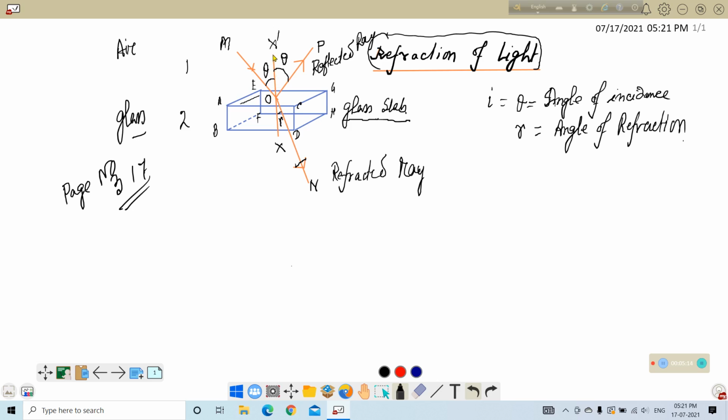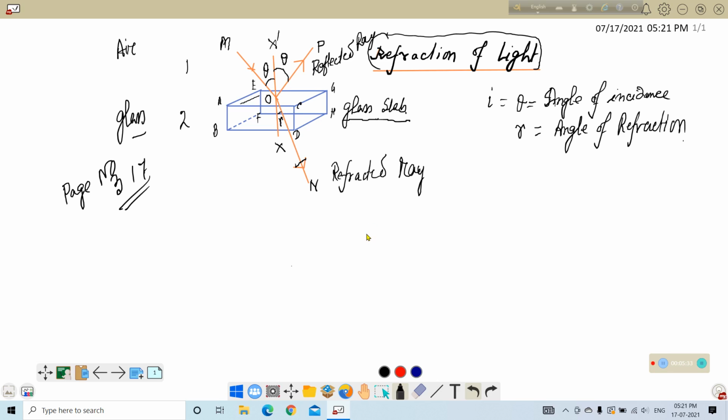Incident ray, normal, and the refracted ray, three lines lie in the same plane. That is the first rule.